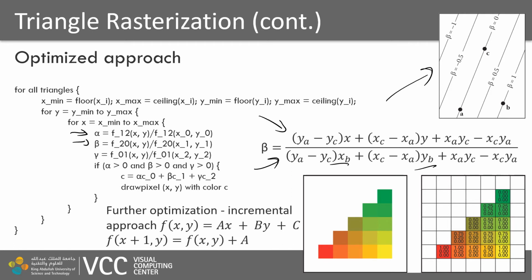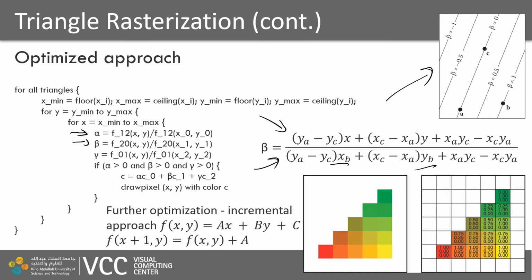This approach can also be made faster through an optimization with an incremental approach. Keep in mind that if we have a certain line along which we will be performing the rasterization, a certain row, for example, on the screen, then our increments of a particular value will be uniform from one pixel to another.